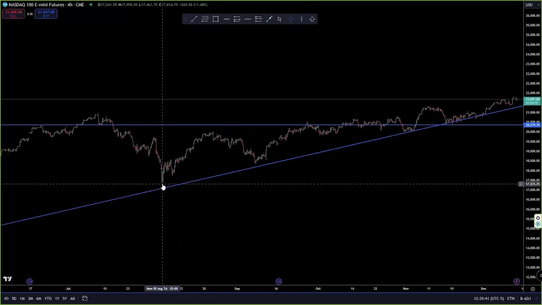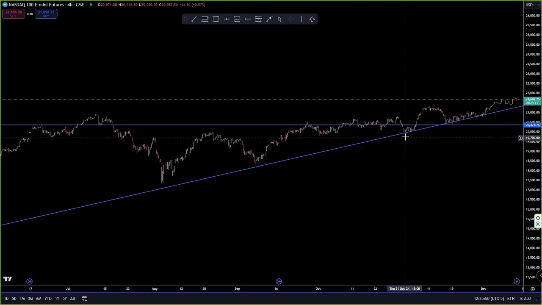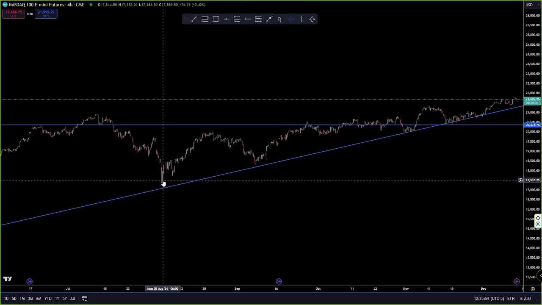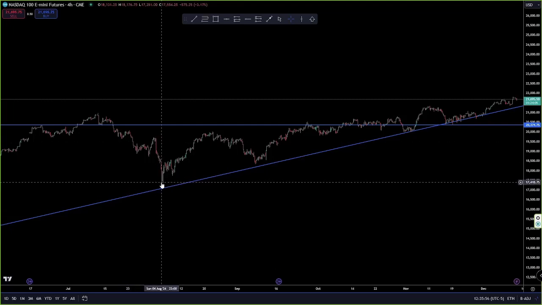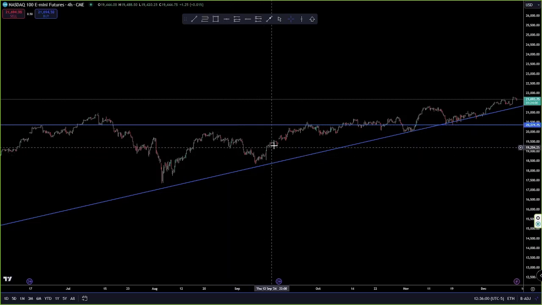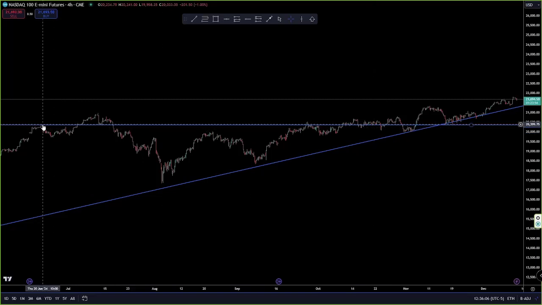From August to like December, right here, I just kind of drew the line, and you can see that the market's coming down to test it. It never really reached the bottom of this, and it just bounced back up. Come back, test it, bounce back up. Meandering around this price level, which was an all-time high at some point back in June, remember?